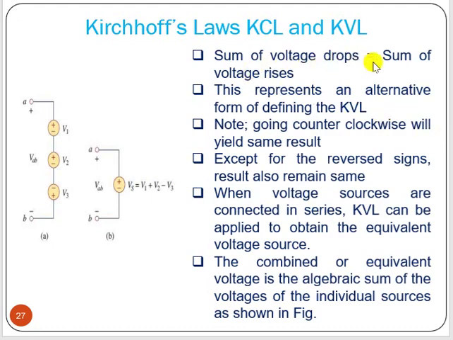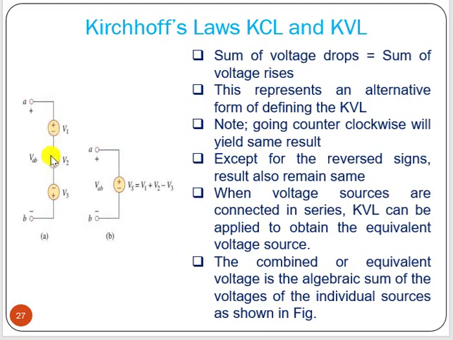Now the sum of drops is equal to the sum of voltage rises in case of KVL. Here, if we apply KVL, plus Vs equals what? If you consider the clockwise direction, minus to plus, so that is Vs plus.